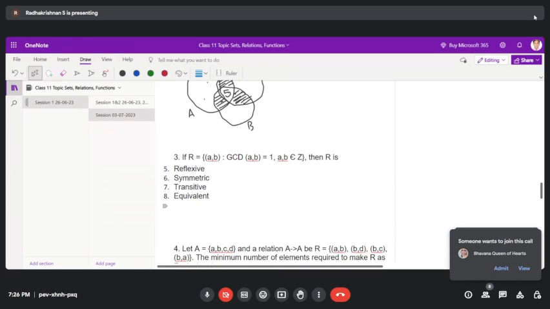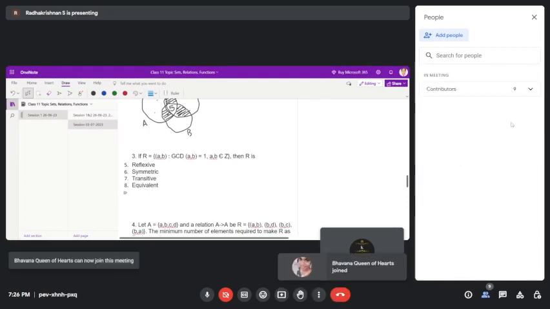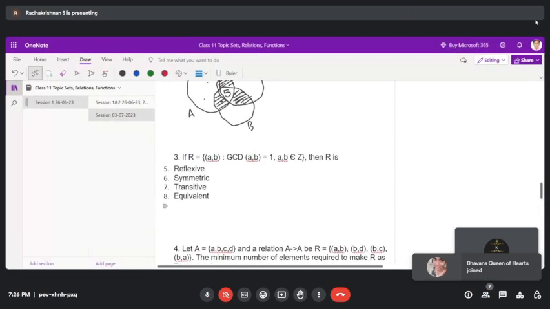The relation means it's a pair of numbers, right? So one mapped to the other. If the GCD of A and B is 1, which means A and B are co-prime. For example, if A equal to 3 and B equal to 4, GCD of these two numbers 3 and 4 is 1, therefore 3 will be mapped to 4.